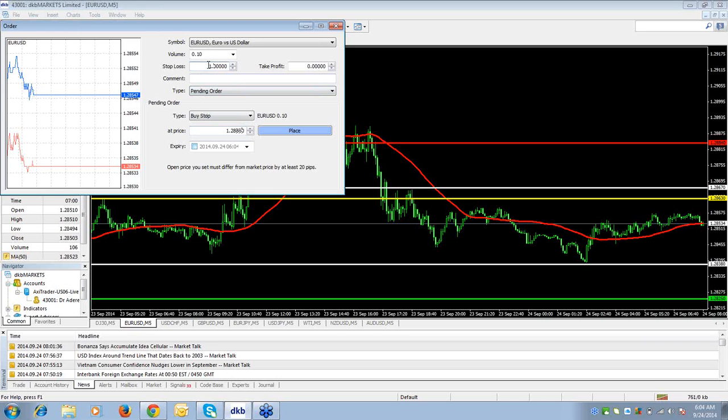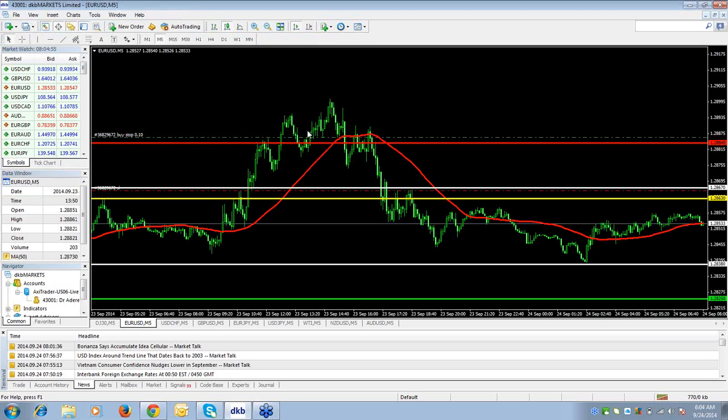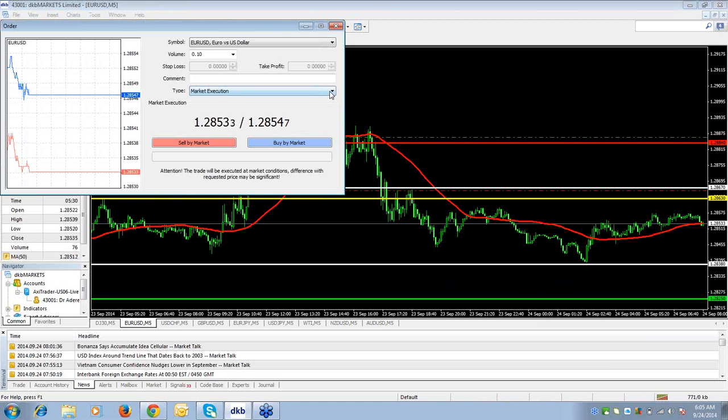And as usual, I use a 20 pips stop loss and a 60 pips profit limit, 1 to 3 risk to reward ratio. So that's the pending buy, and my pending sell order.